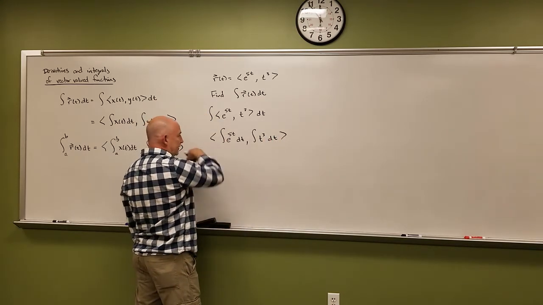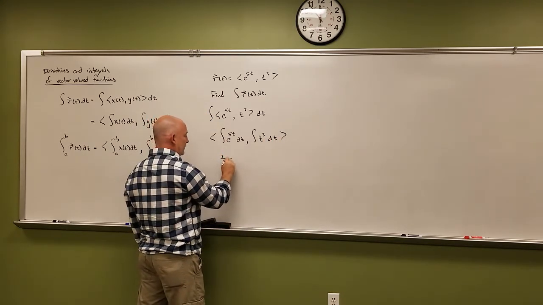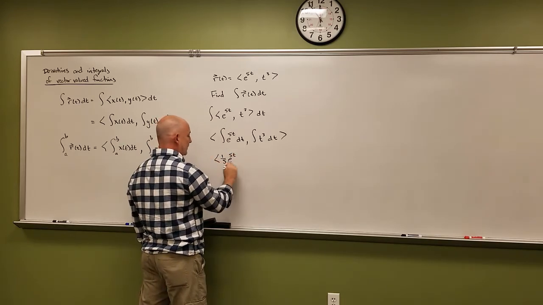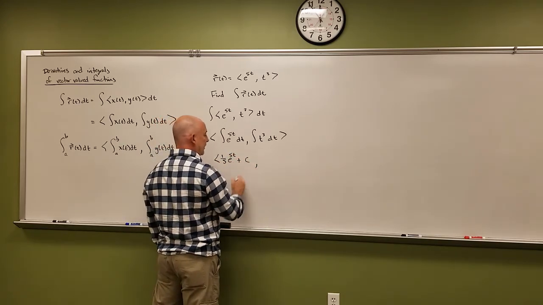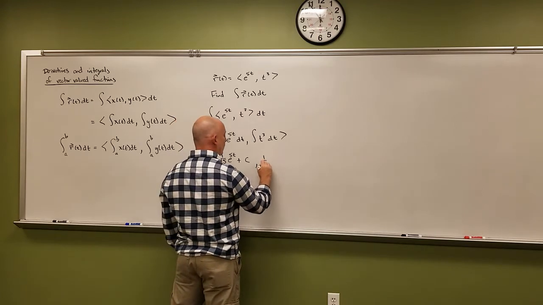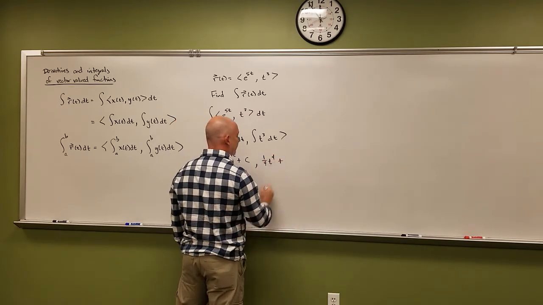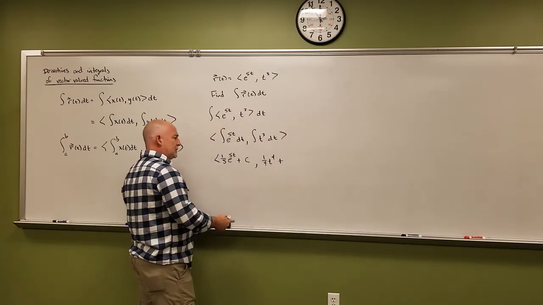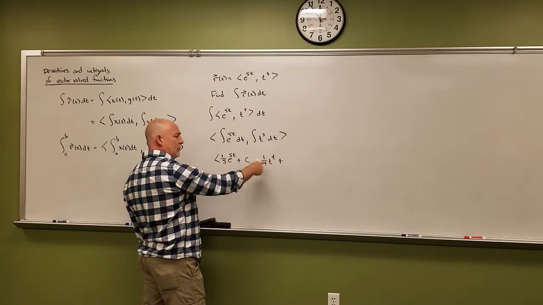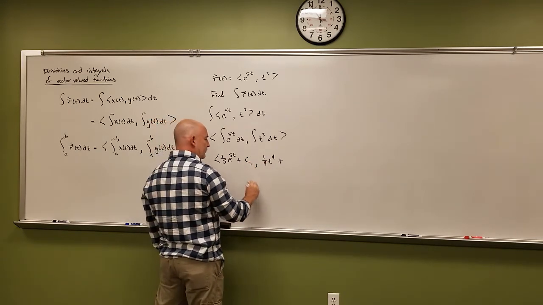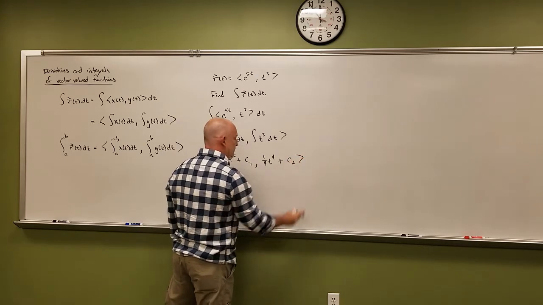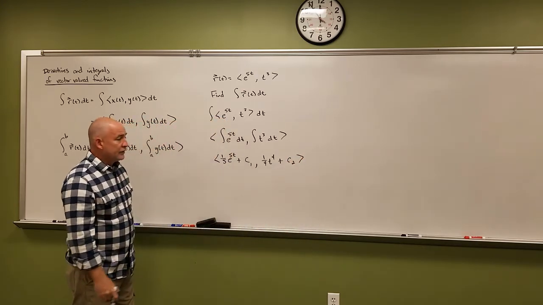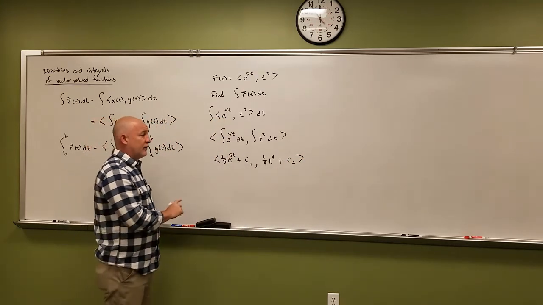Well, we should know how to do these quickly by now. This is 1/5 e to the 5t plus some constant, our integration constant. This is 1/4 t to the 4th plus a different constant. I can't call them both c because they have to be different numbers, so I'm going to call this one c1 and that one c2. This is a perfectly fine way to represent this.